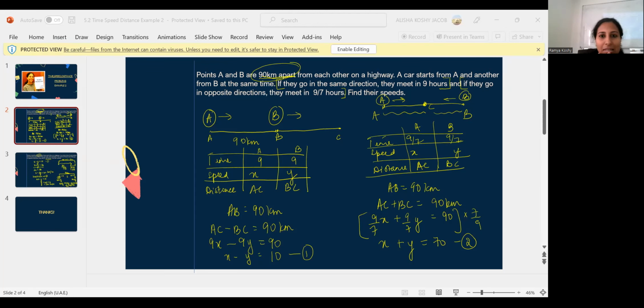This is the same question only. This is the solving. I'll just show another one.